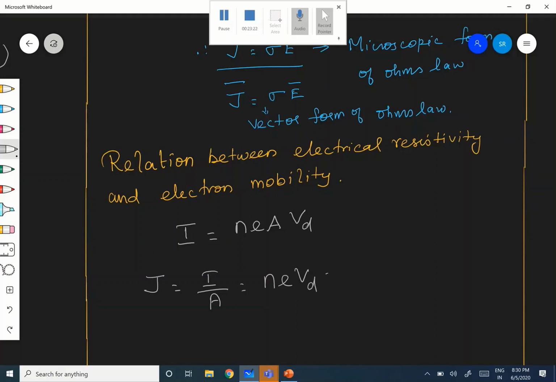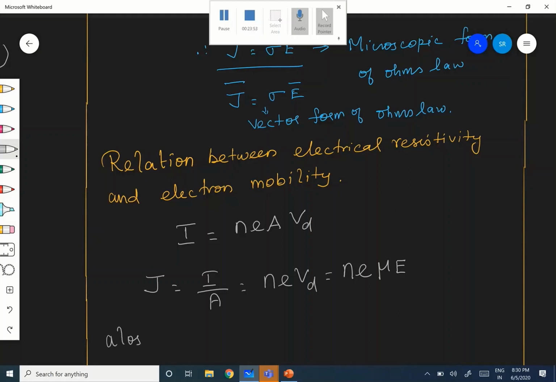You know mobility is the ratio between drift velocity and electric field intensity. Therefore, instead, NE into mu into E, mobility. Therefore, J is equal to NE mu E, right?